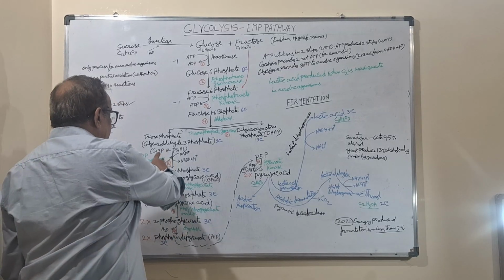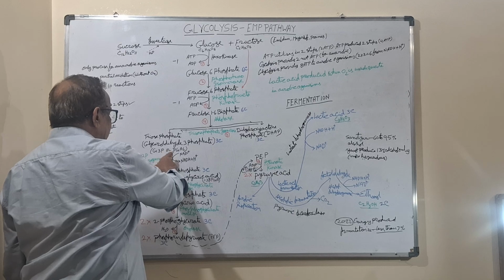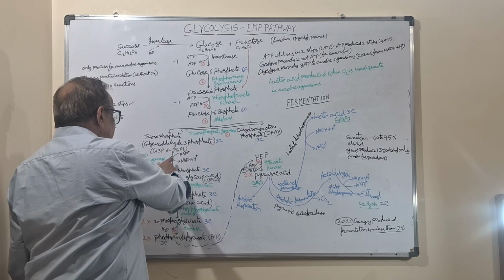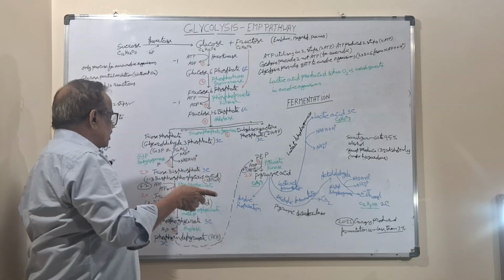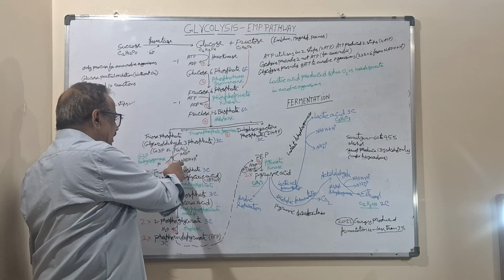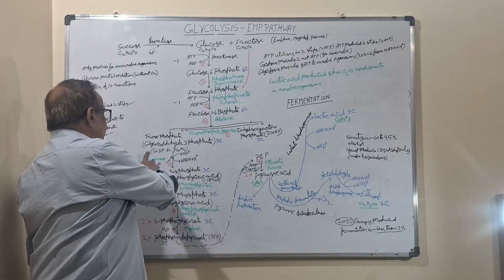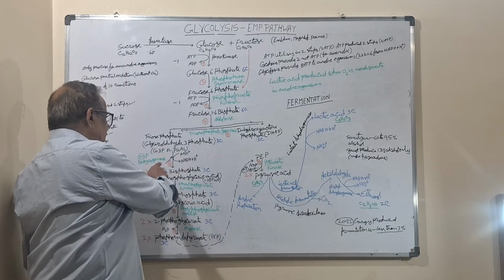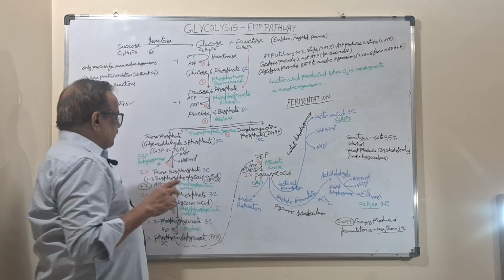Now, after oxidizing the glyceraldehyde 3-phosphate, it will give the 2 hydrogens by the redox potentials. The hydrogen will be taken by the NAD and converted into NADH plus H. And for this entire thing, one more inorganic phosphate will also be taken. Pi means inorganic phosphate.